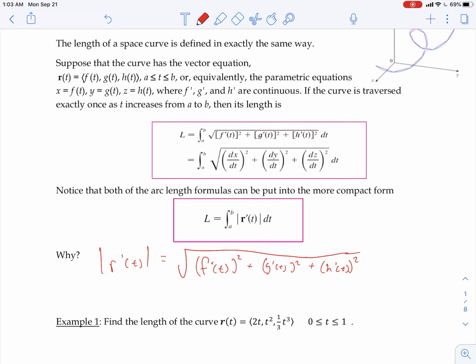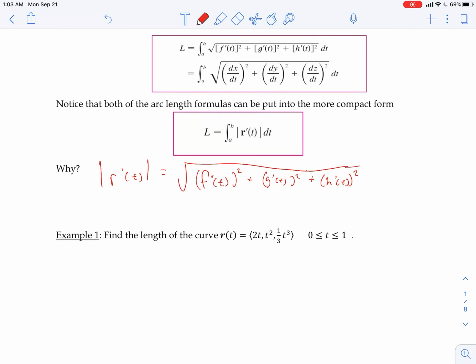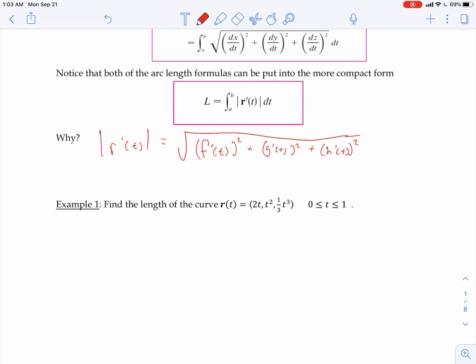That's why we can just write it shorthand. Hopefully you know what the magnitude is of the derivative of our vector equation.